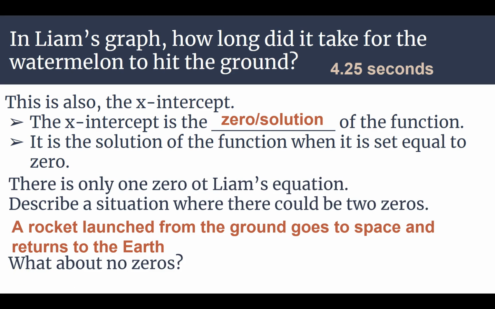Okay. So here we could dip under the ground, like a bird going underwater to get a fish. Any situation where you start on the ground and then end back up on the ground would be hitting the x-axis twice, right? So like a rocket ship leaving the Earth and coming back, or you kicking a soccer ball.